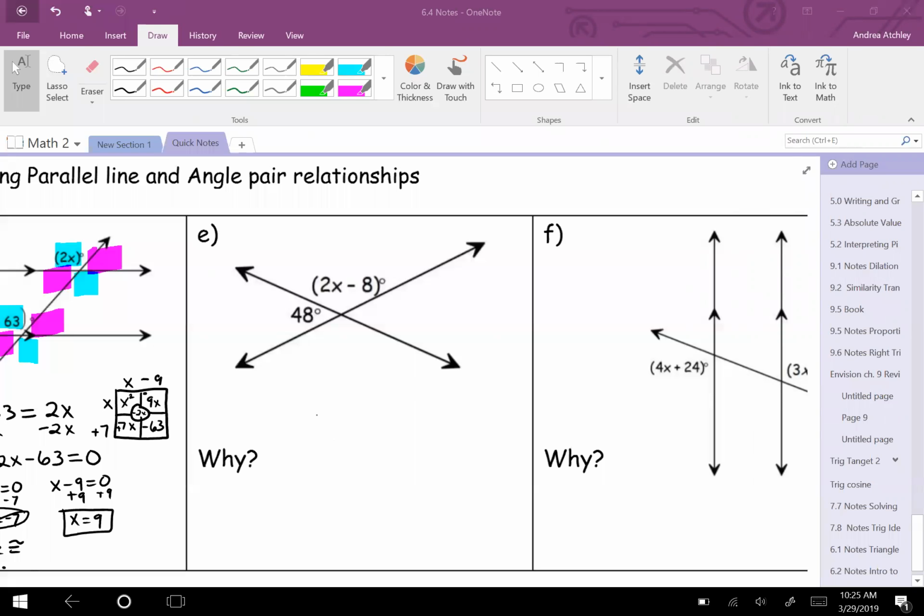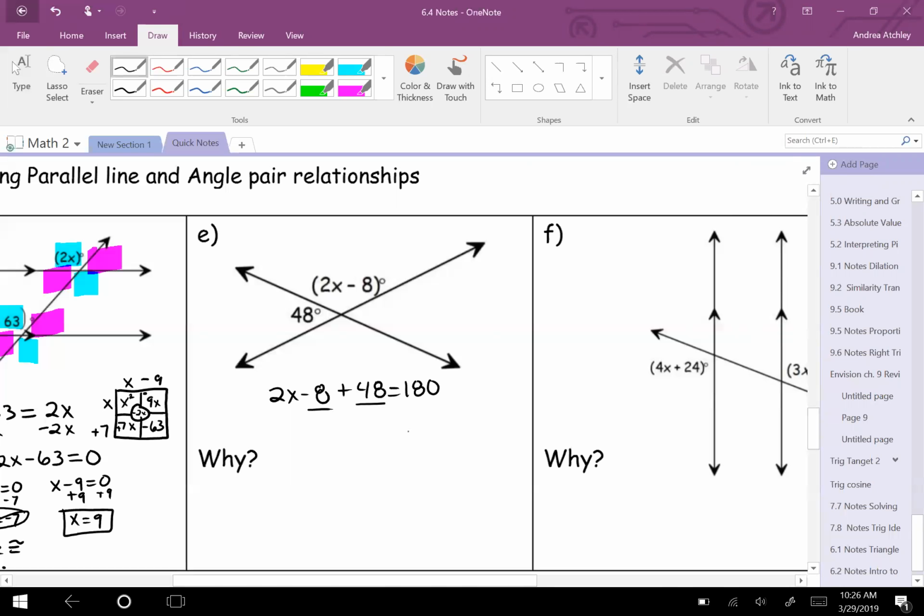How did you write the equation? Can you wait until we're done with the notes? Okay, 2x minus 8 plus 48 equals 180. That's how we should have set it up.